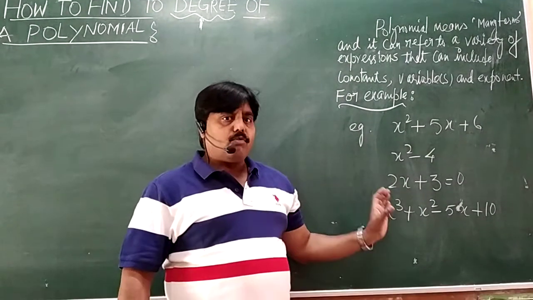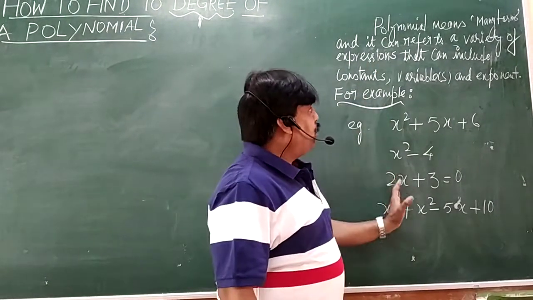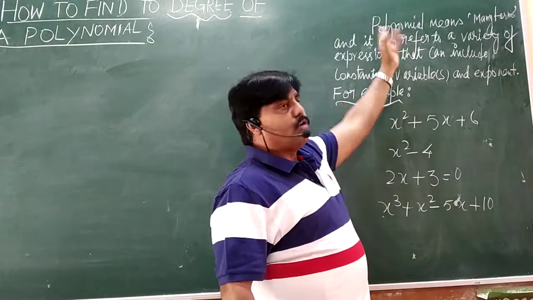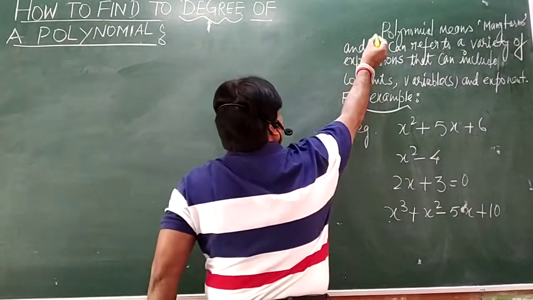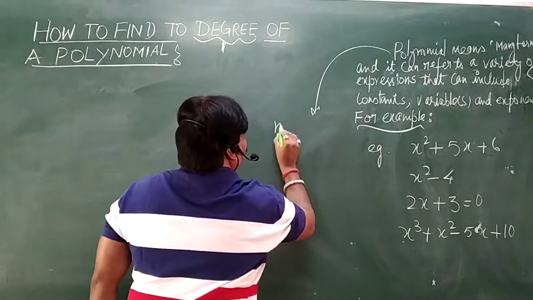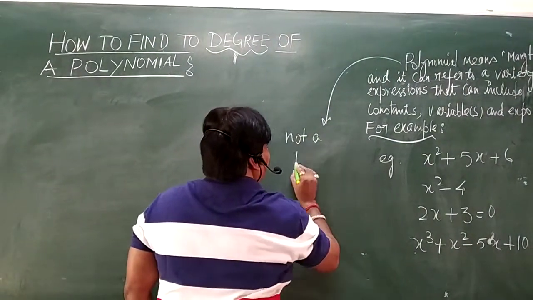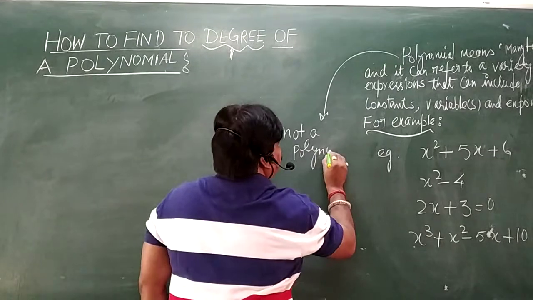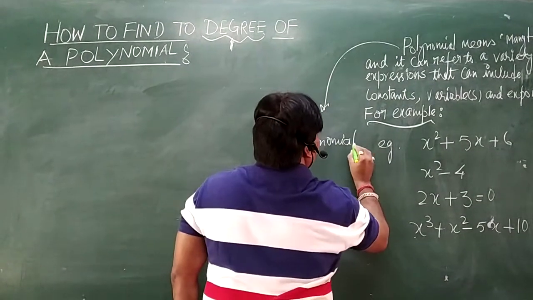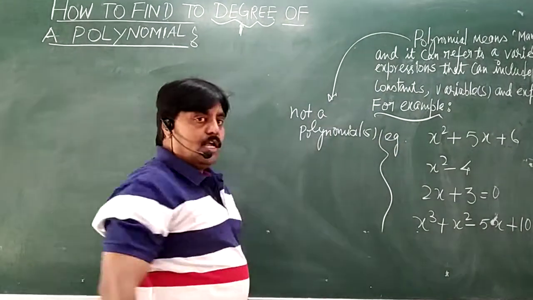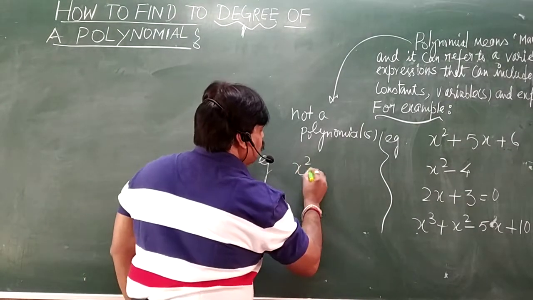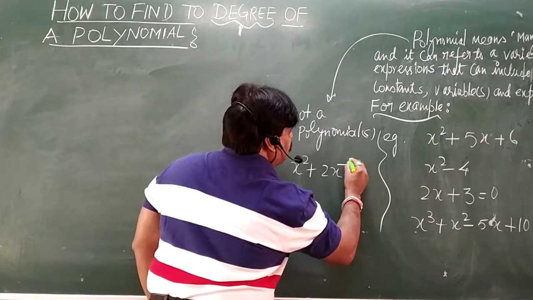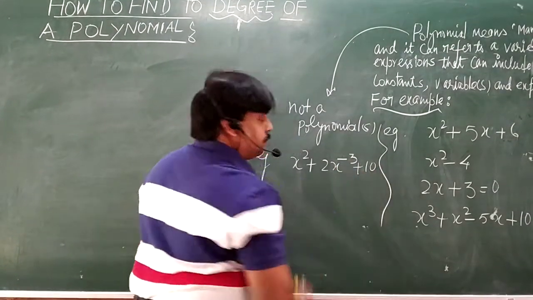But one more point I am going to discuss: which algebraic expressions are not a polynomial? उसके बाद हम डिग्री की बात करेंगे. So, suppose I am taking x square plus 2x raised to the power minus 3 plus 10.